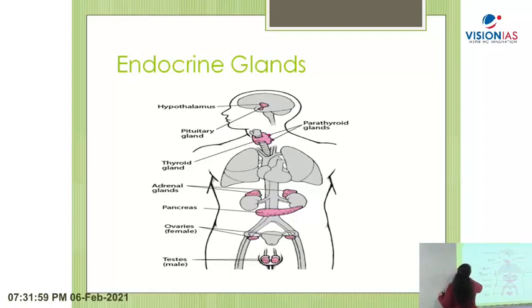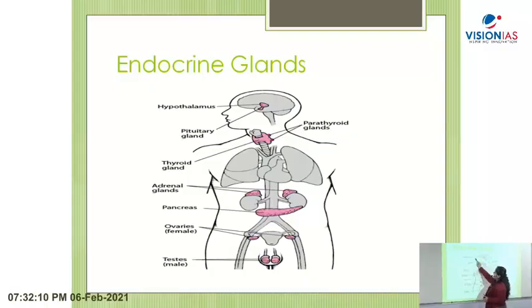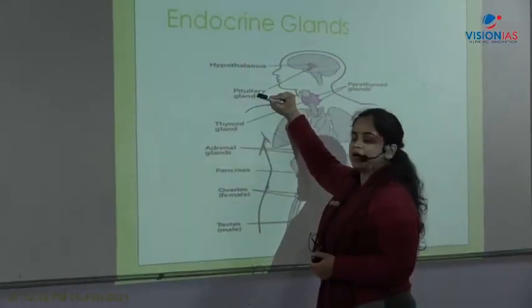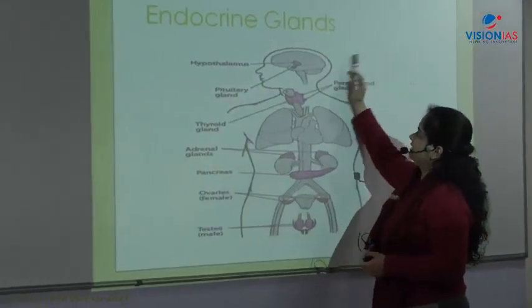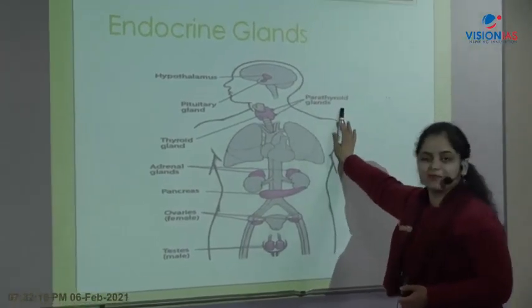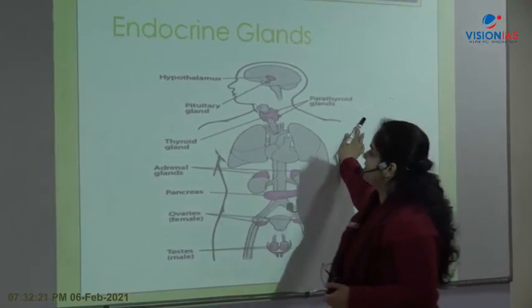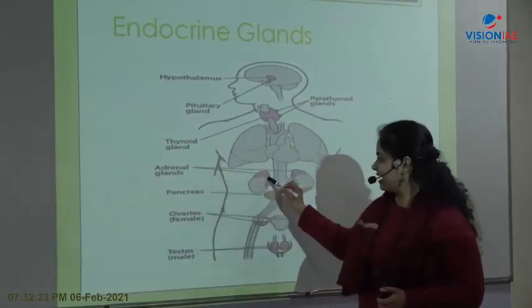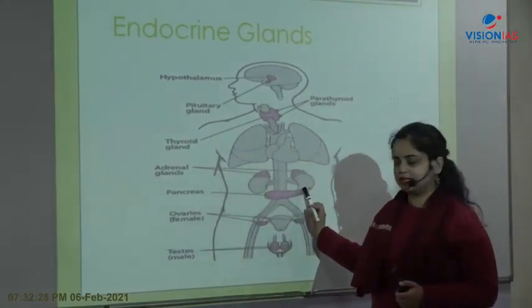Now see, this is the picture of your different endocrine glands in the body. So we have hypothalamus and pituitary. They are parts of the brain. Then in the neck you have thyroid. Above the thyroid is the parathyroid gland. Then we have adrenal glands which are placed above your kidneys.